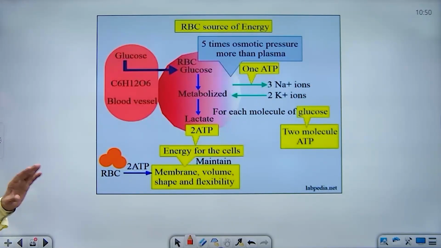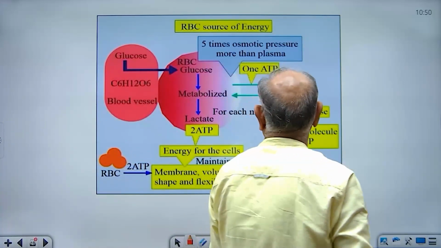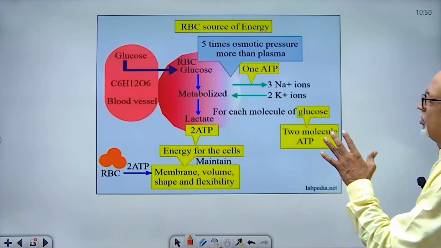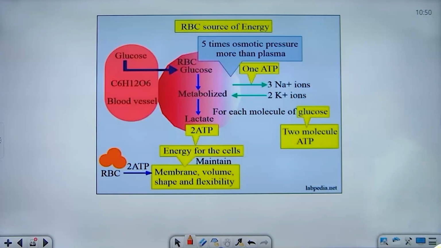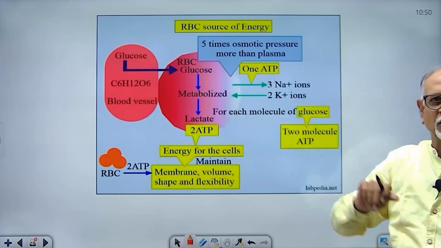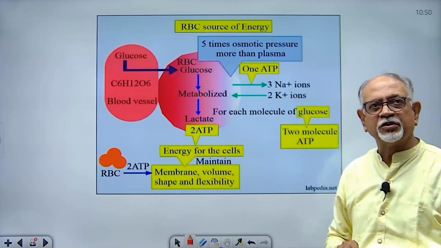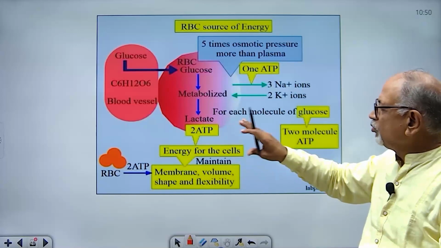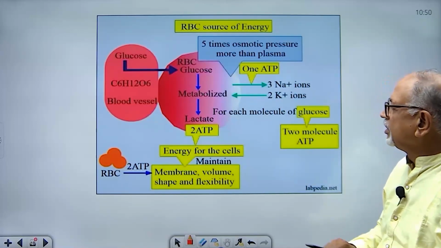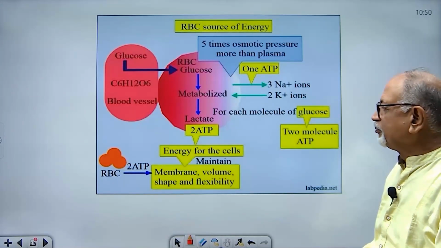Now, here in this picture, you can see the RBC, the source of energy. You can see it draws glucose from the blood plasma, metabolizes it into lactate, that produces 2 molecules of ATP. This provides energy for the RBC.